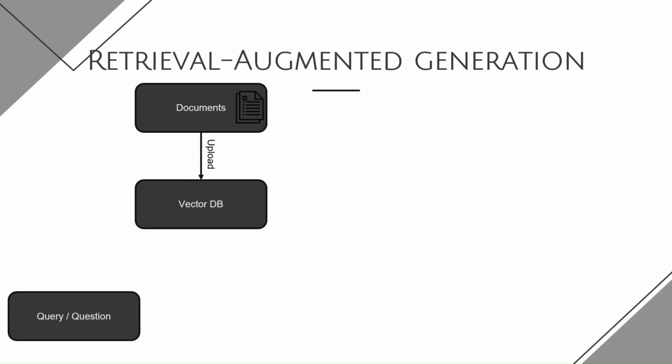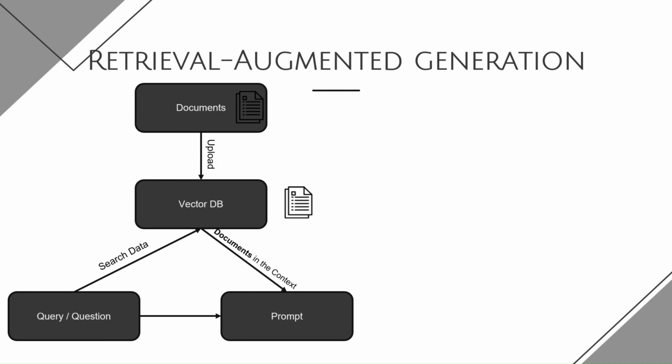Next, a user comes along and asks a question or makes a query. This is the point where our language model is asked to provide an answer. Before the model even attempts to generate an answer, it queries the vector database for any documents that might have relevant information. Think of it like the model saying, let me check my references first, all right? Once the relevant documents are retrieved, they are incorporated into the prompt that the model receives.